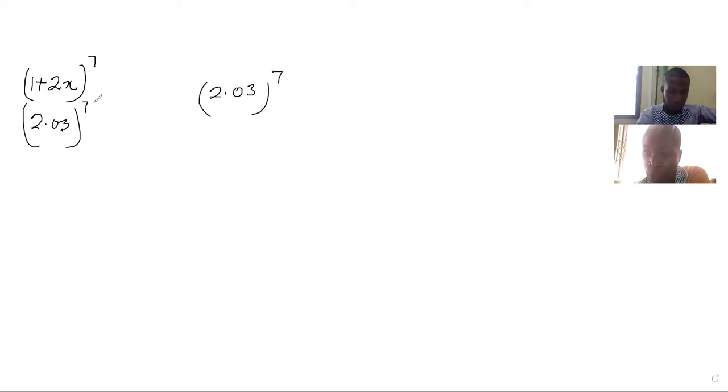And so you divide both sides by 2 to get the value of x. I don't know how you got the 1.03. So you see 2.03, when you add 1 plus 1.03, you are going to get 2.03.